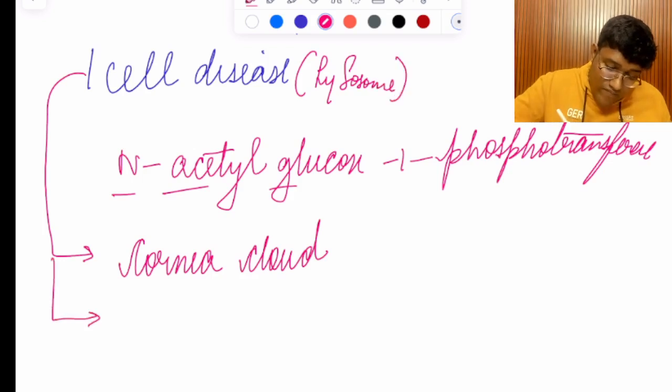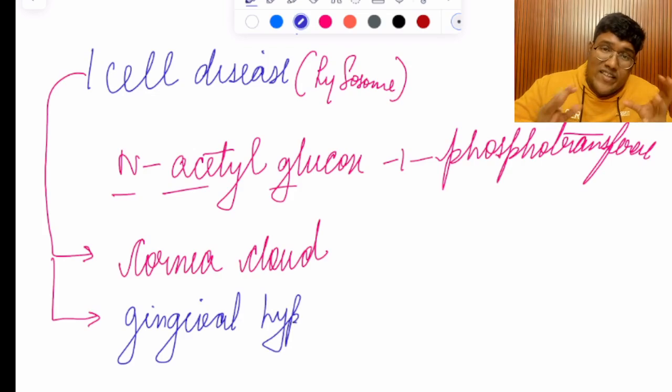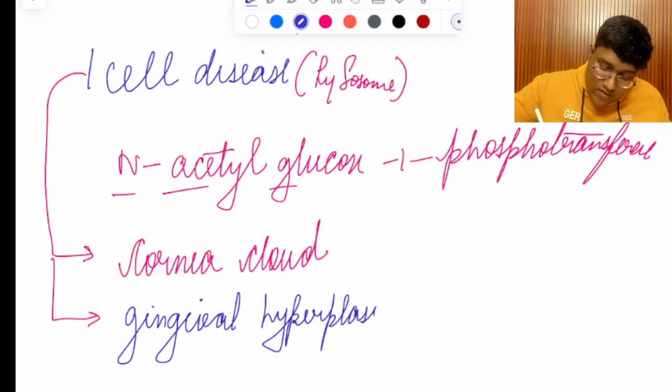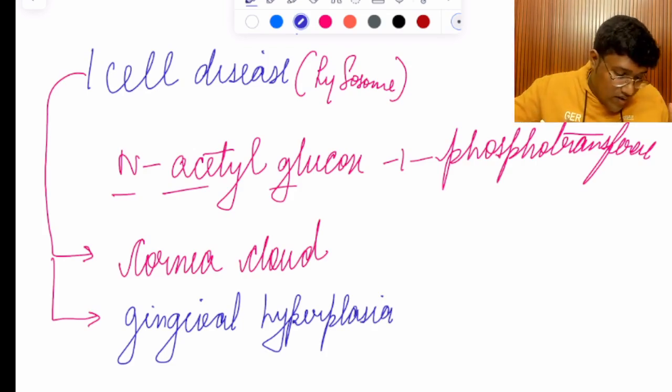They will have bad oral hygiene because they'll have gingival hyperplasia. And that's changing the morphology of their mouth. So that can cause organisms to live in a different way. So that is gingival hyperplasia. Okay, so corneal clouding, gingival hyperplasia. This is something to be remembered.